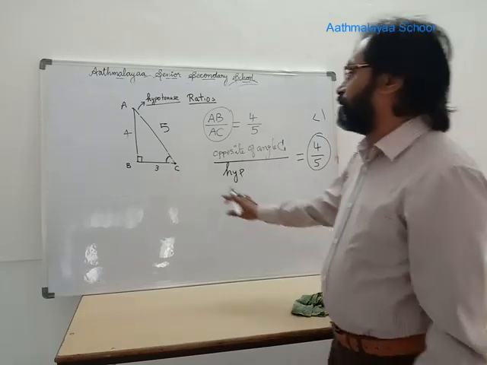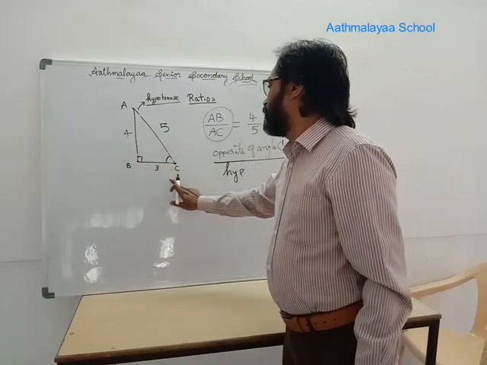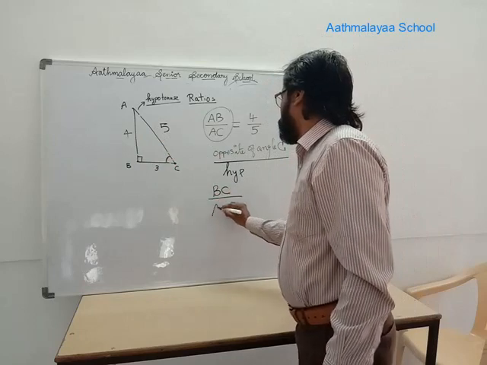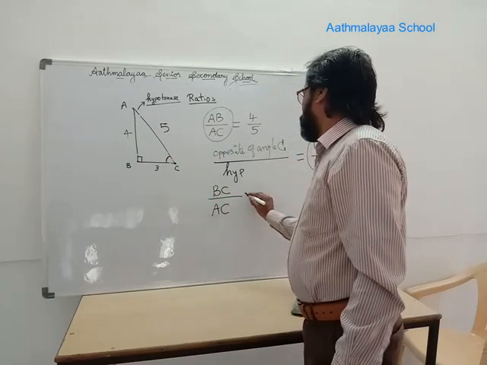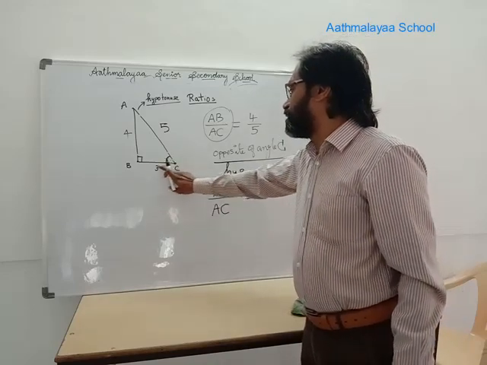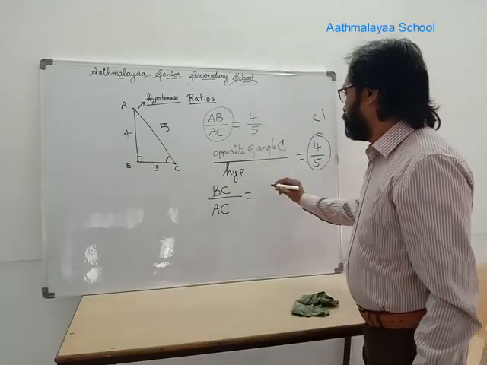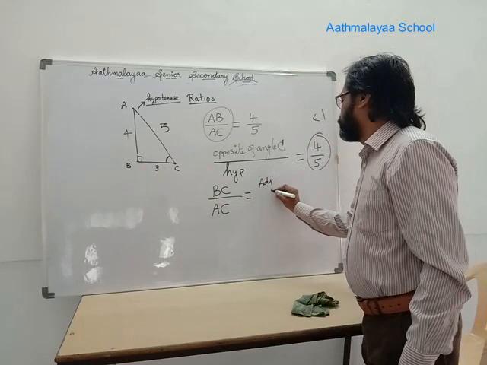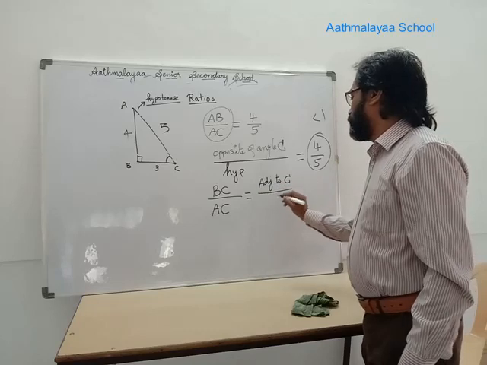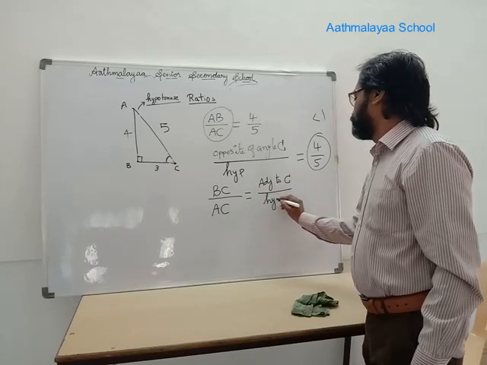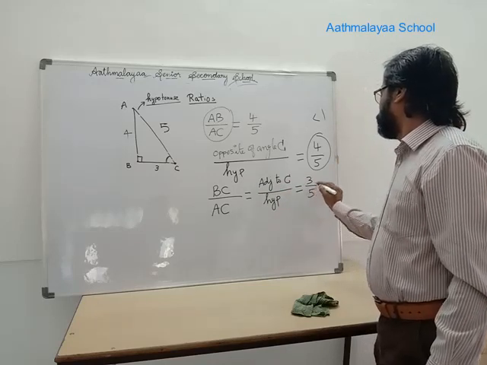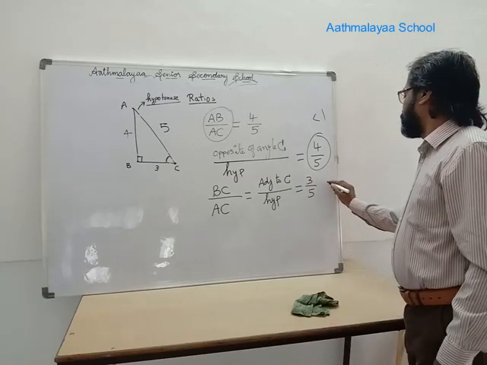Then another ratio is BC by AC. Previously we took 3 ratios, we are only discussing those ratios. BC I am rewriting in terms of angle C. To angle C, this BC is adjacent. So BC I am going to write as adjacent to angle C divided by hypotenuse, and this is equal to 3 by 5, and naturally 3 by 5 is less than 1.